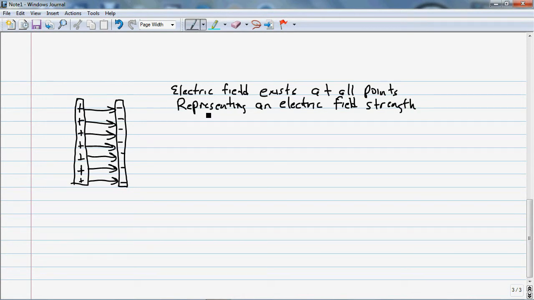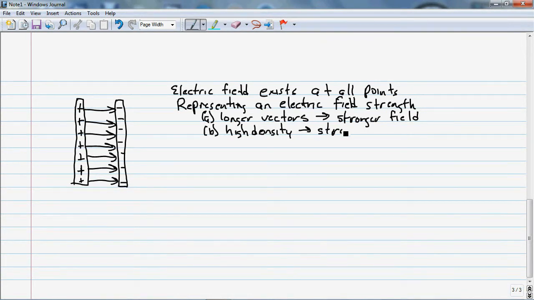And that is longer vectors, stronger field, or high density, basically cramming more and more into a smaller space, is a stronger field.